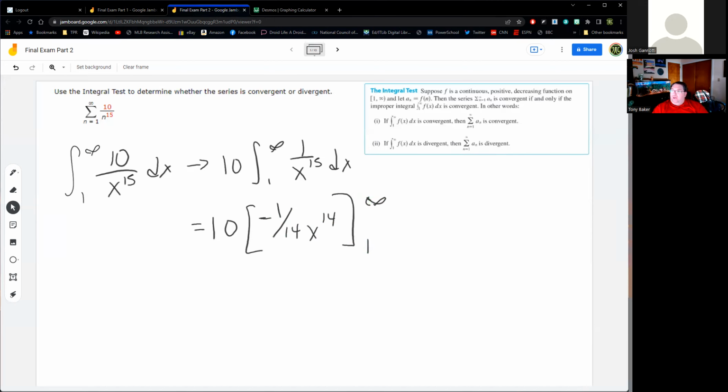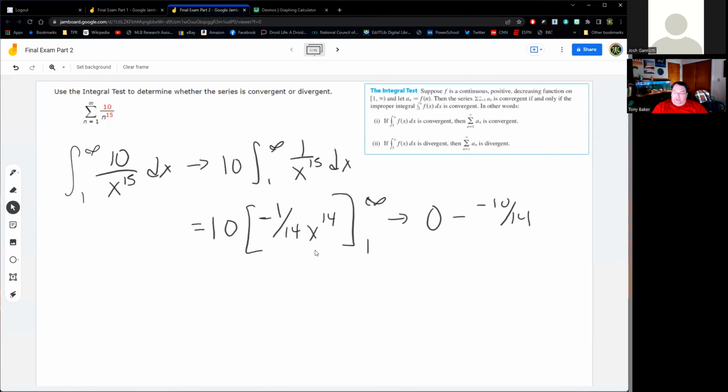And if we're looking at this one, it works out extremely simple. If we plug in the 1, I get, so infinity is going to 0. And then it's minus a negative 10 over 14.